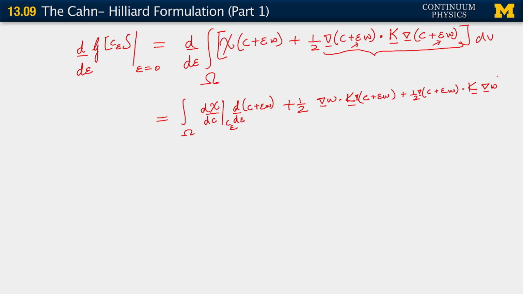So we have all of this dv, and then once we take those derivatives, we need to set epsilon equals 0. Let me write that more clearly. It got stuck at the very end of that slide, so let me set that here.